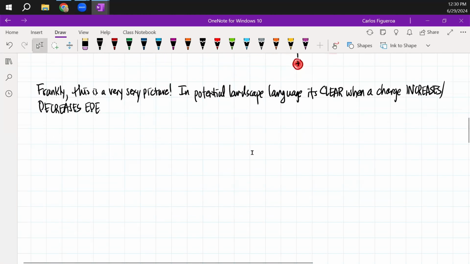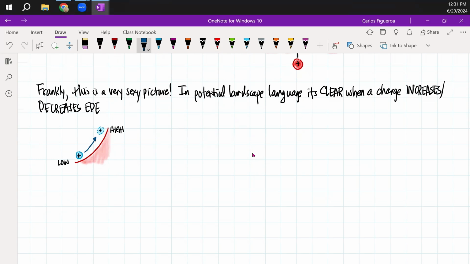And so here's what I imagine here. If it's going uphill, I'm seeing something like this. And we could see here that the charge is clearly going uphill, because it's starting from a low and going to a high. So we see that motion going like this. If I look at this in the language of potential energy, let's say it starts off at the bottom.